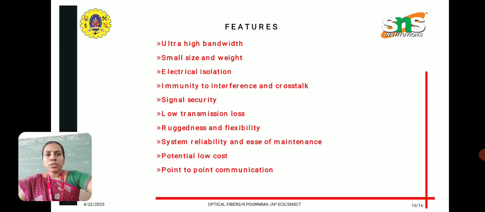Why we use optical fiber communication: I already told that it has a large amount of bandwidth, and also it has small size and weight, the property of electrical isolation, and immunity to interference and crosstalk.